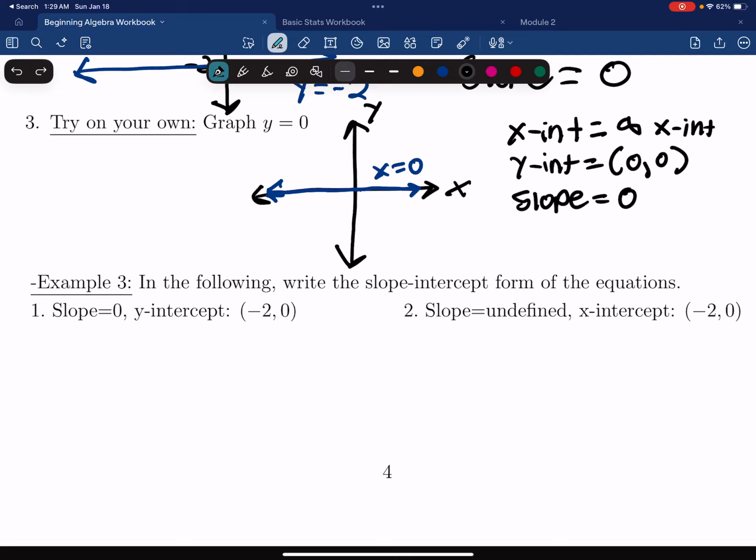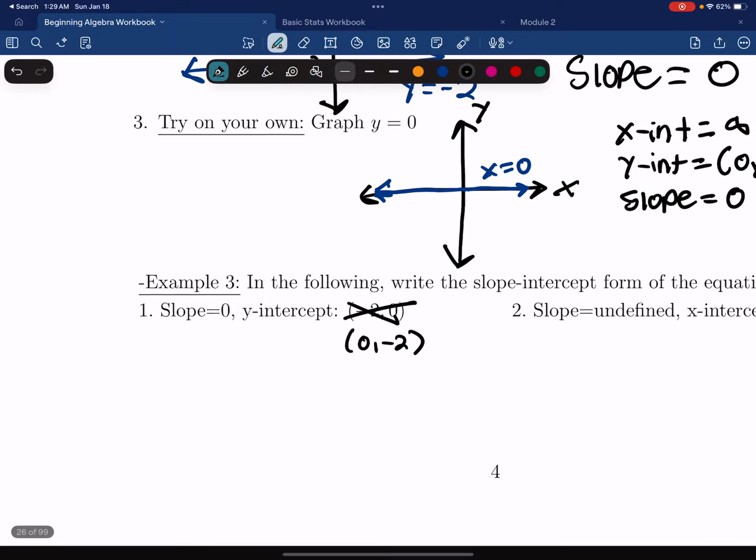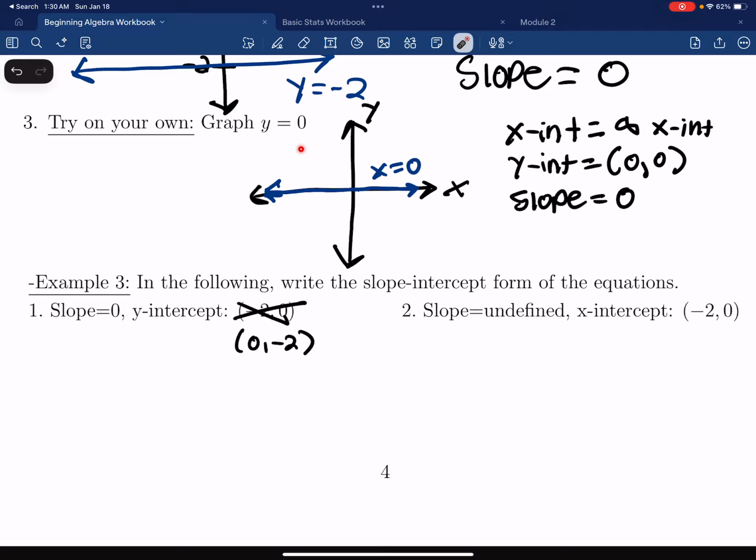So for example number 1, we have a slope of 0 and a y-intercept of (0, -2). So using that information, we know that when the slope is equal to 0, we have a horizontal line, like so.